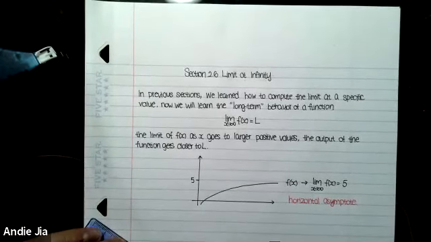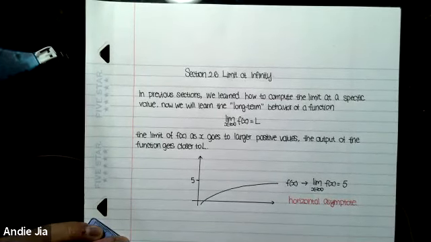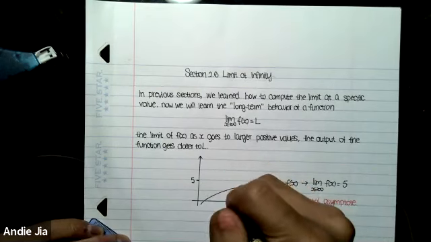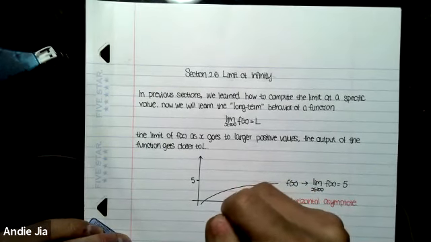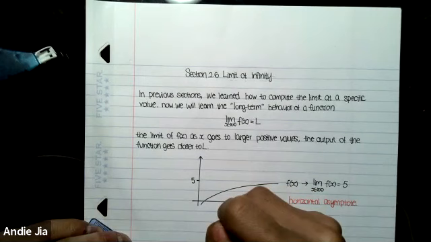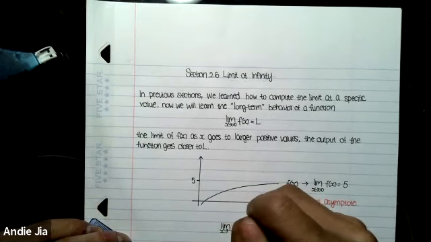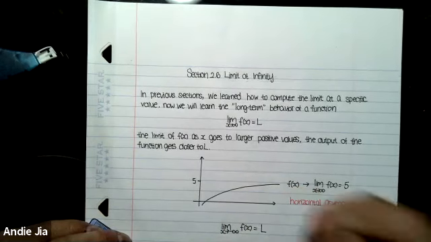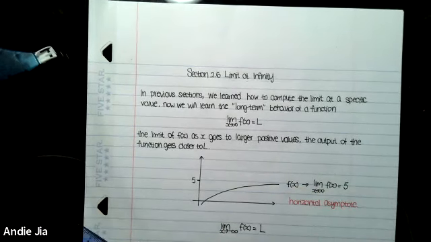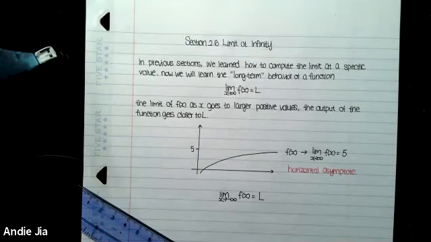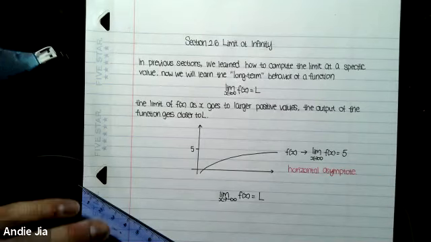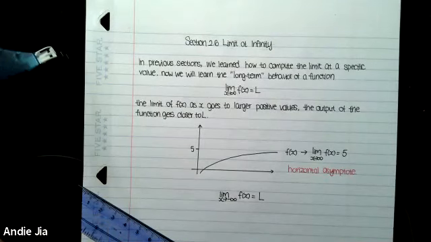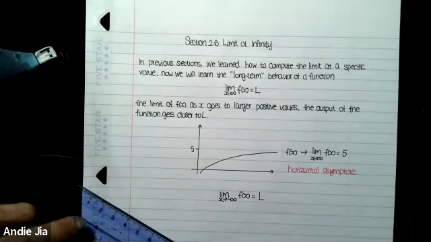And in the same way, if we have the limit as x approaches negative infinity of f of x equal to L, this just means the limit of f of x as x goes to smaller, more negative values, arbitrarily small or arbitrarily negative.